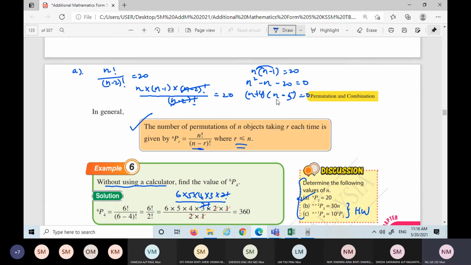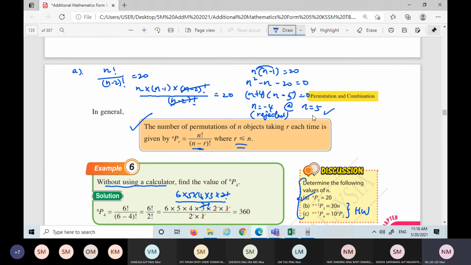Negative 5 plus 4, negative 1, correct. So n equals negative 4, and n equals 5. n cannot be negative because n is the number of objects. So you have to reject the negative value, and therefore n is 5.